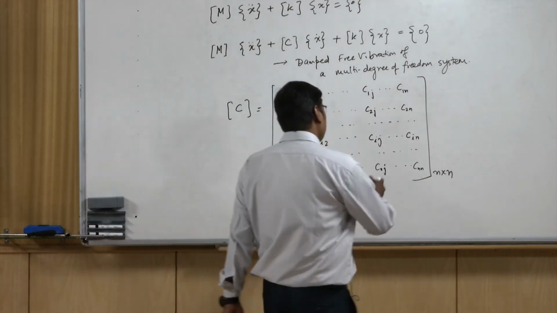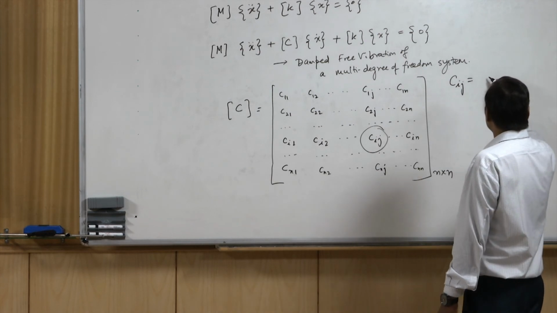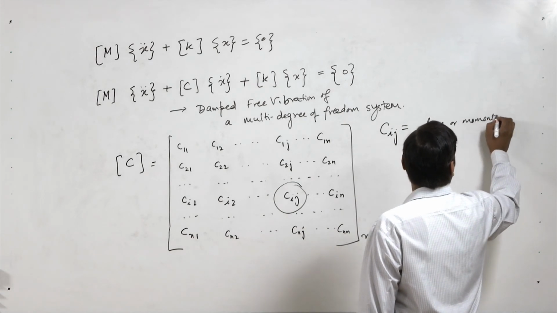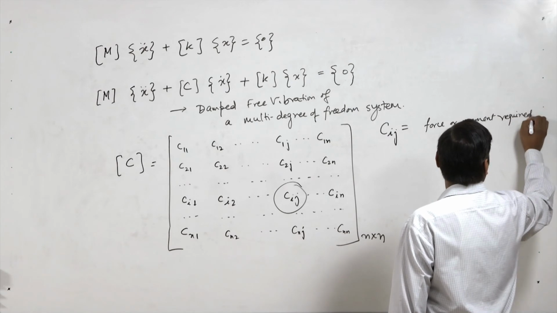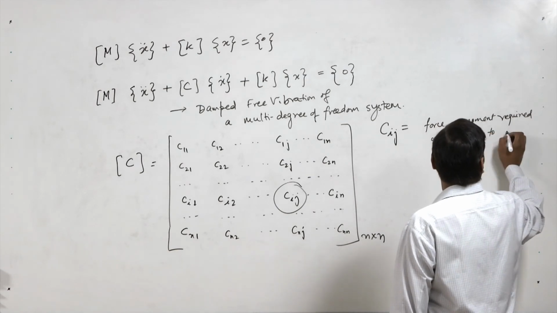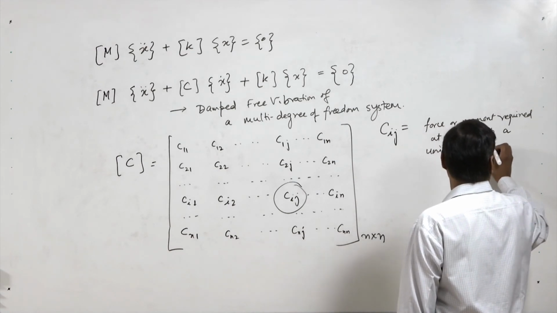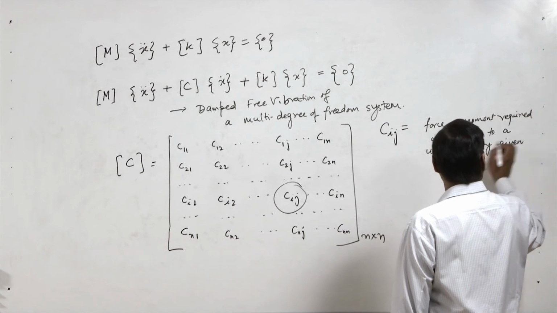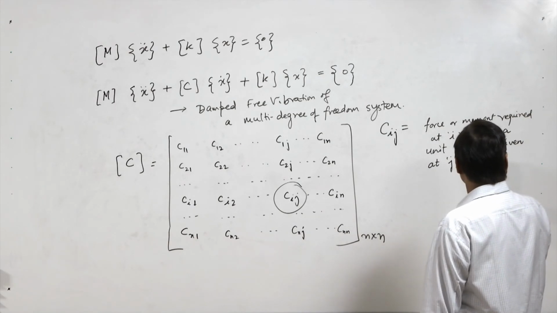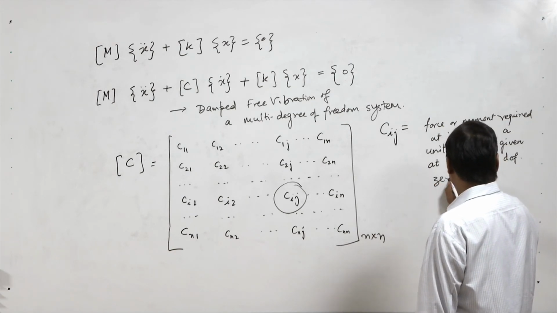So if we take this Cij, it is defined as the force or moment required at coordinate i due to a unit velocity given at coordinate j, while other degrees of freedom have 0 velocity, they are at rest.